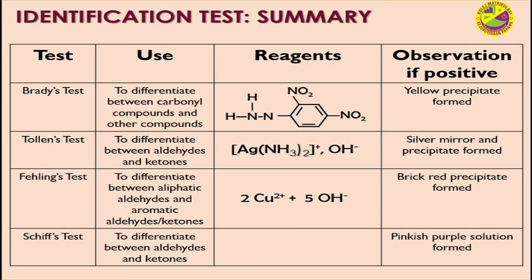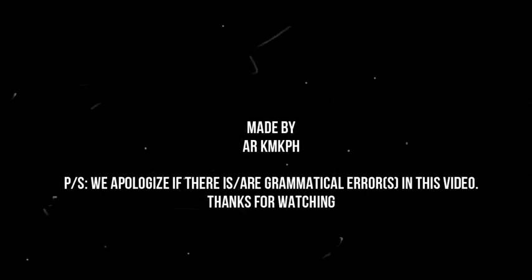The third one you must write is the observation. For butanal, the observation will be yellow precipitate form, while for butanol, the observation will be no yellow precipitate form. So remember 3 things to write when you want to differentiate between two compounds. Use the right test, write the right equation, and write the right observation. That's all for this video. Thank you.